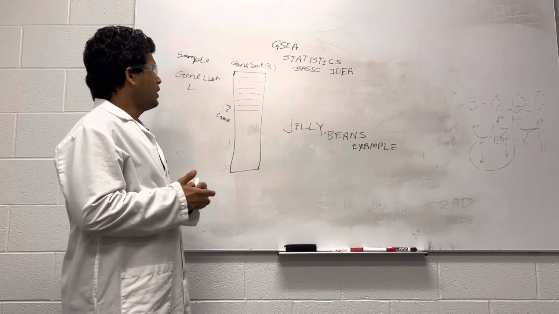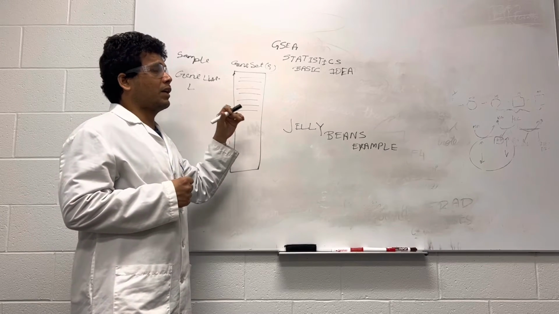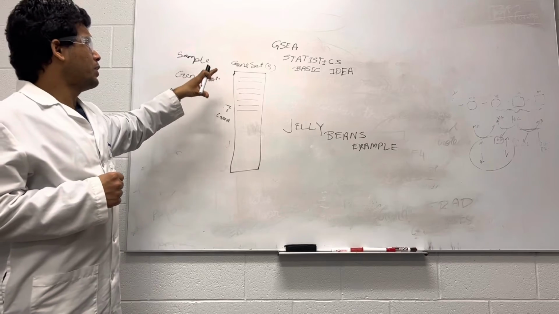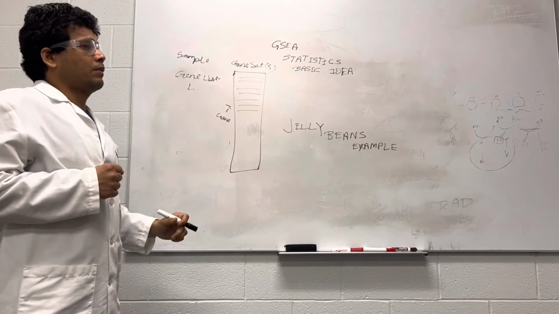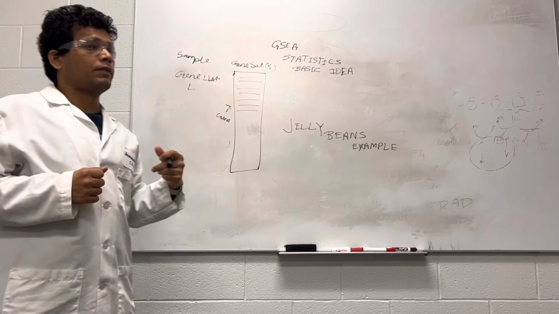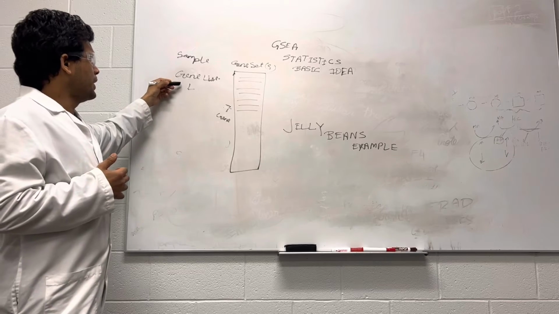So far we have understood the idea of the p-value of a particular gene set. But what about the complete gene list that we have? We also have to do multiple hypothesis testing for the complete gene list.